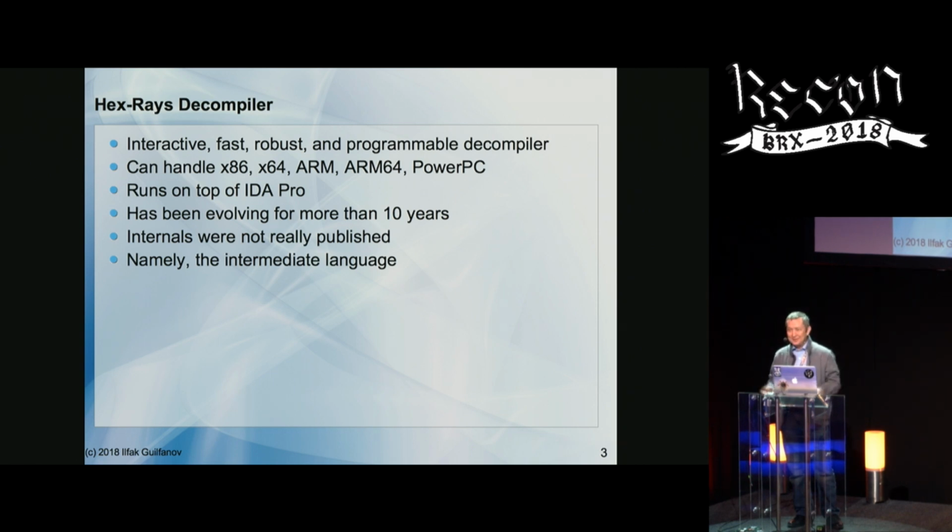But we had no choice, because there were older plugins and we did not want to break compatibility. Finally, with version 7 of IDA, we decided to switch to the 64-bit architecture, and at that moment we could finally abandon the old API and build something new. Well, we did not abandon it, because it's not a good idea to throw away decades of work, but we improved it a lot.